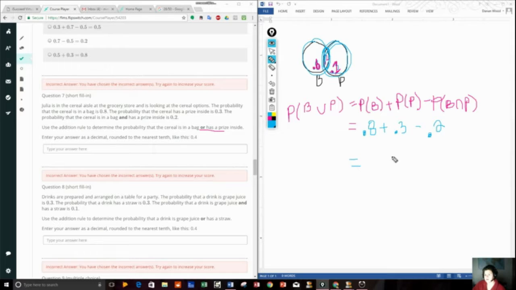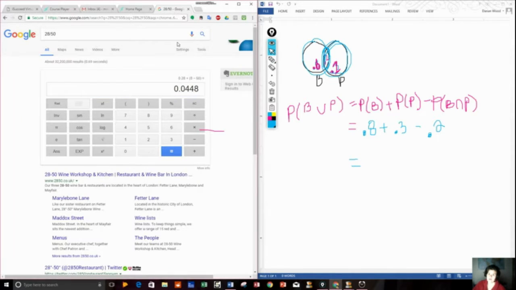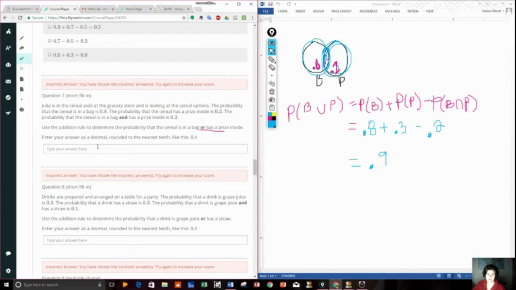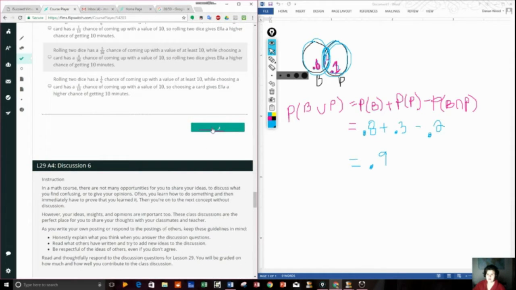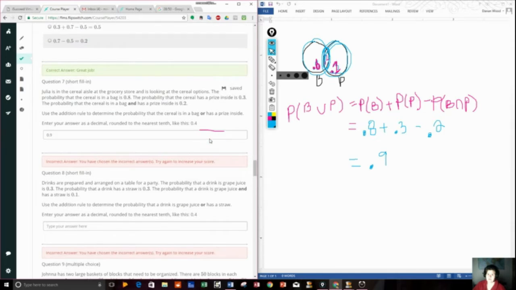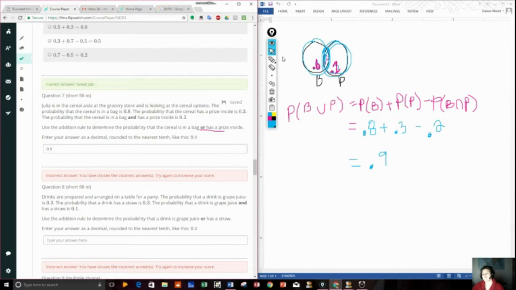And we come over to our calculator: 0.8 plus 0.3 minus 0.2 gives us 0.9. Okay, so we have 0.9. Great job.